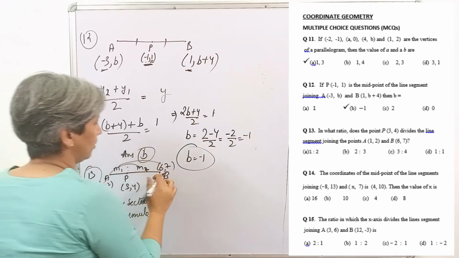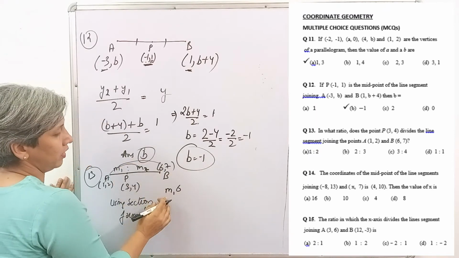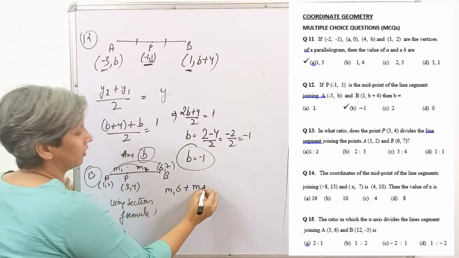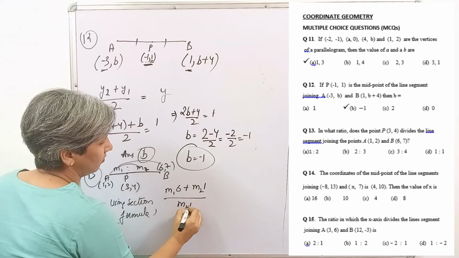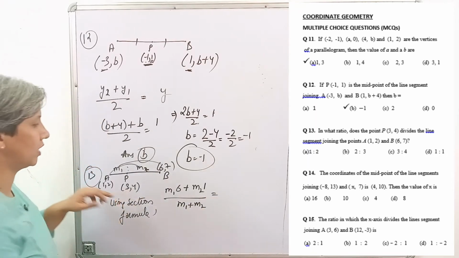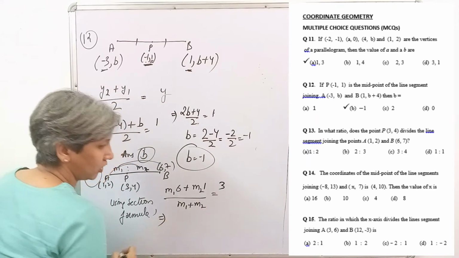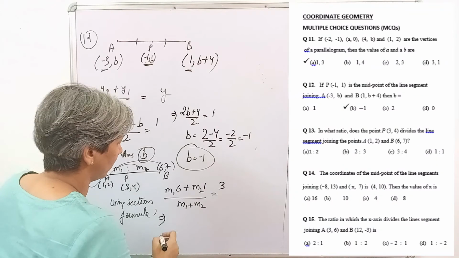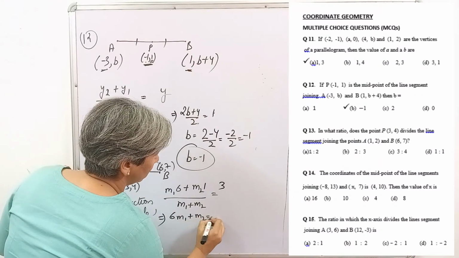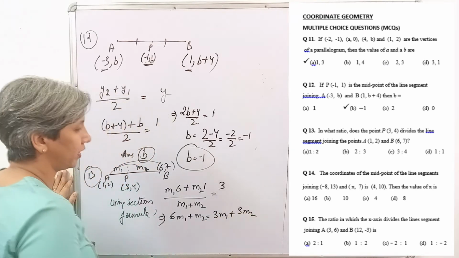So we have (m1 into 6 plus m2 into 1) upon (m1 plus m2) is equal to x, which is 3, P's point 3, right? Since we need the ratio, one equation only will help us. So it is 6m1 plus m2 is equal to 3m1 plus 3m2, right?